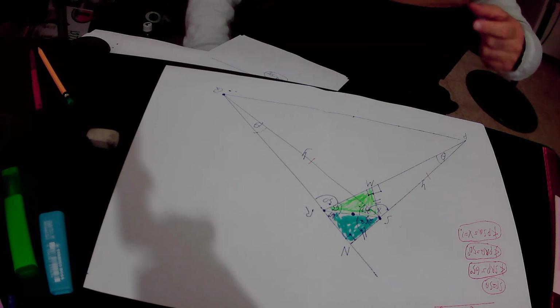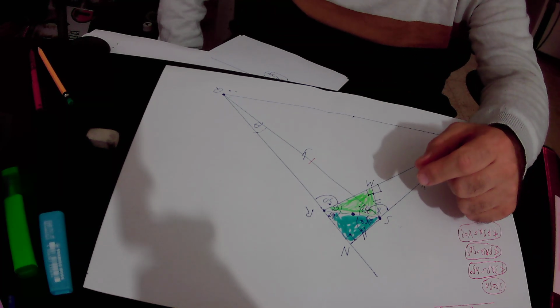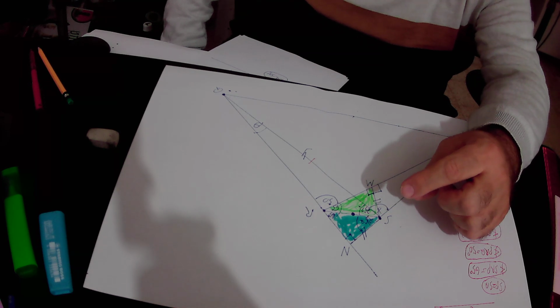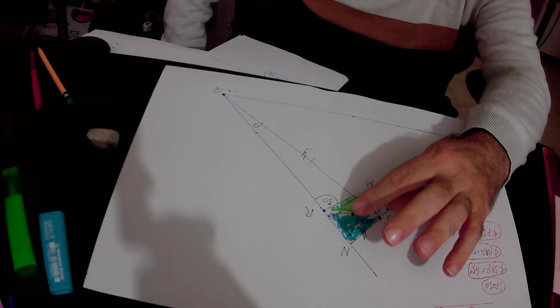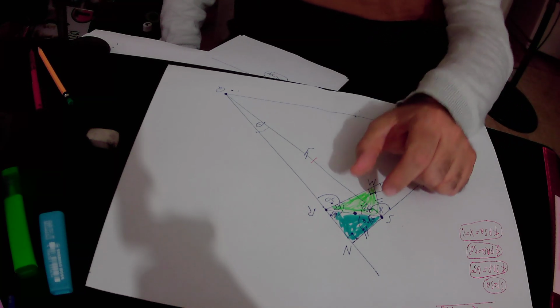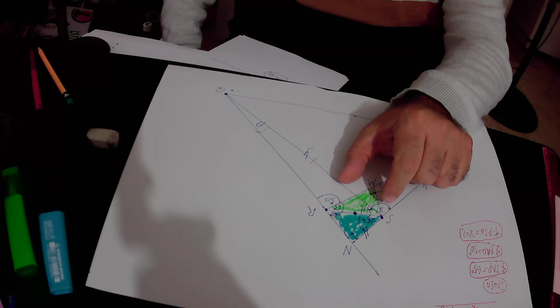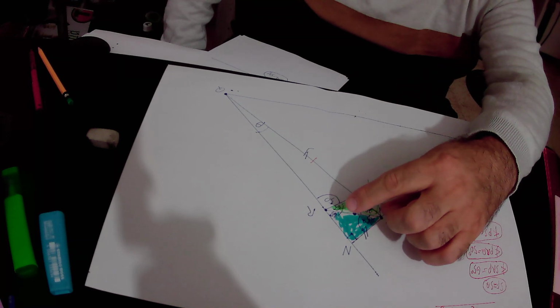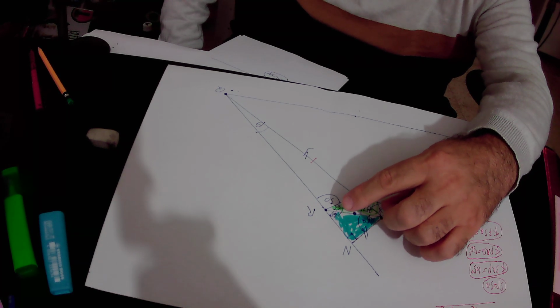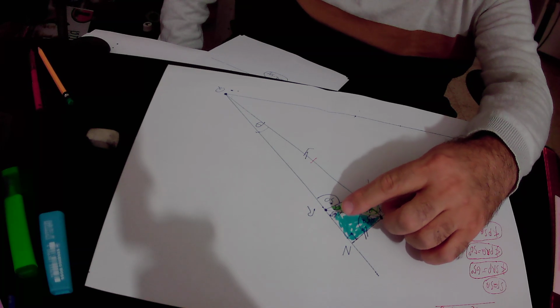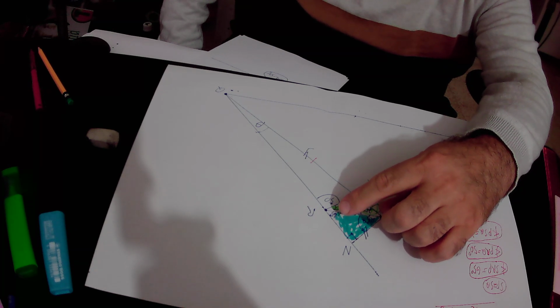So we actually proved that the green triangle can go into the blue triangle according to the angle side angle rule. We have one side that is a common side, and we have the two angles that attach to this side in the green triangle that correspond equal to the two angles and the side that attach to them in the blue triangle.